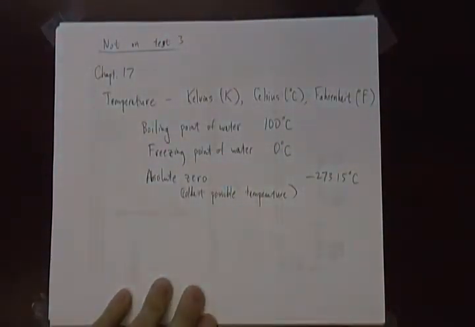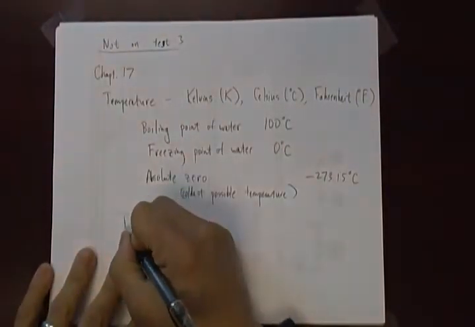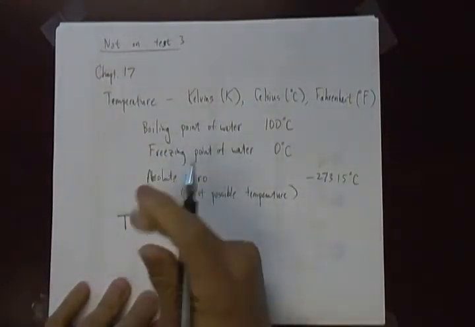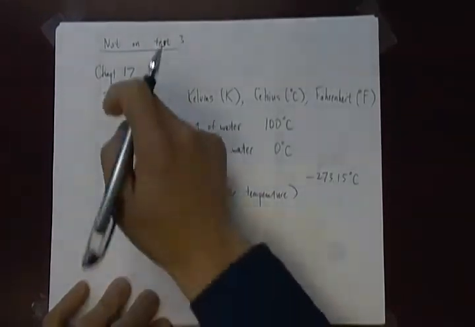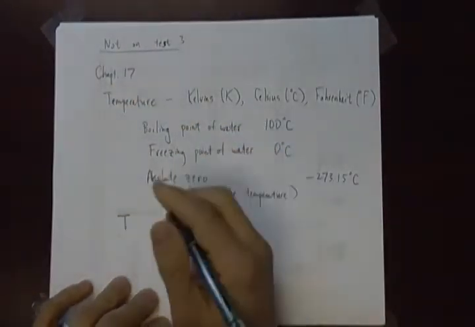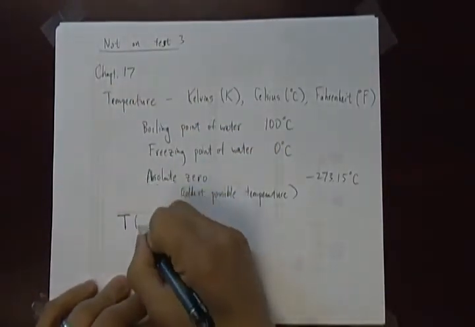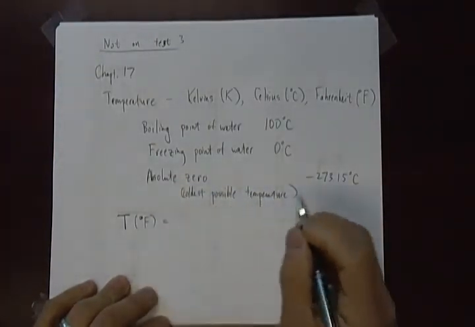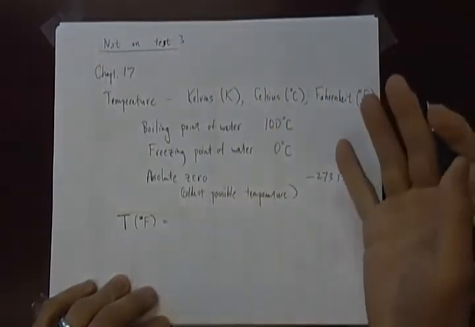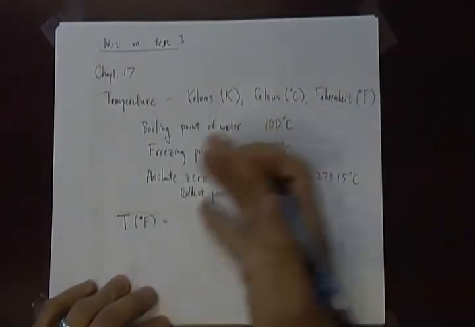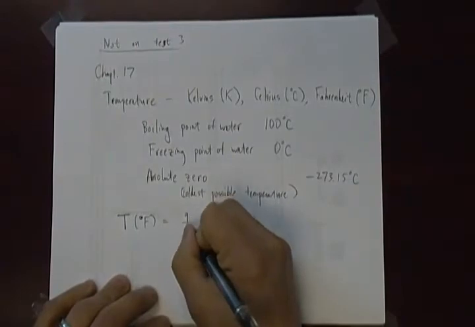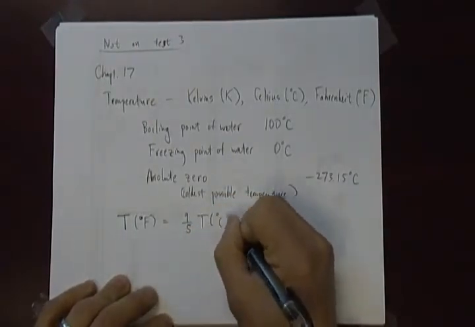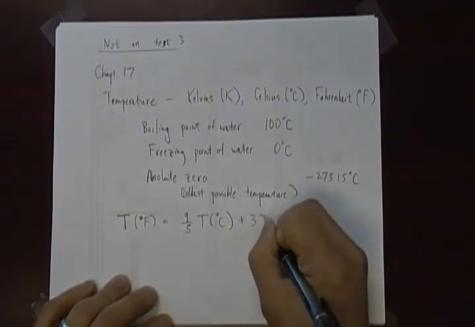Okay, if I want to calculate temperature in different units, suppose I have the temperature, I'll call it capital T. So hopefully that's not confusing. T here in this chapter will be temperature rather than time or period. If I know it in Celsius and I want it in Fahrenheit, the formula is: you take 9/5 of the temperature in Celsius and you add 32.